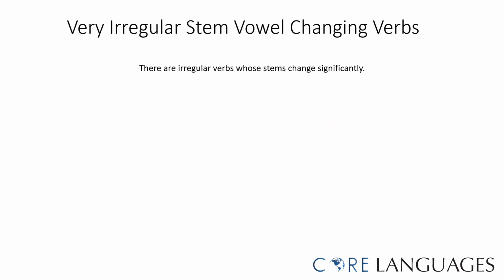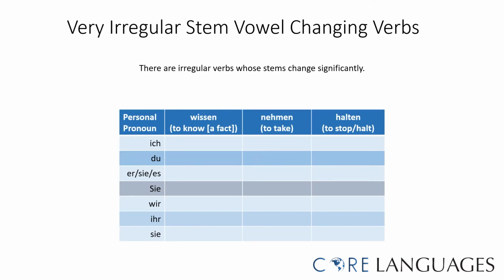There are also some verbs that could be considered very irregular because the changes that take place are significant. For example, the verbs wissen, which is to know a fact or to know something, nehmen, to take, and halten, to stop or to halt.